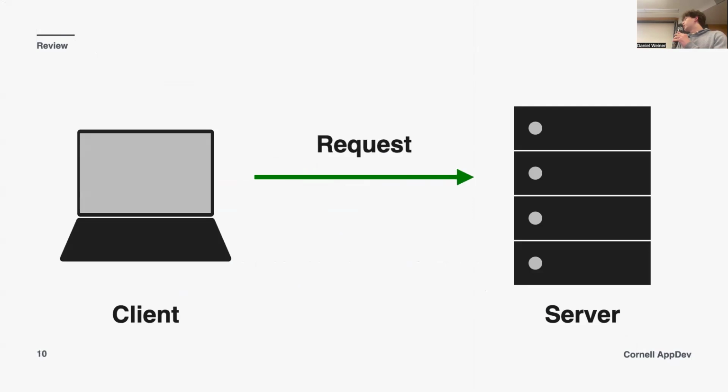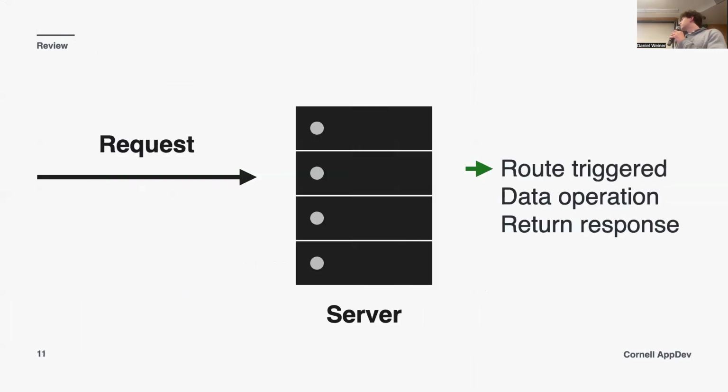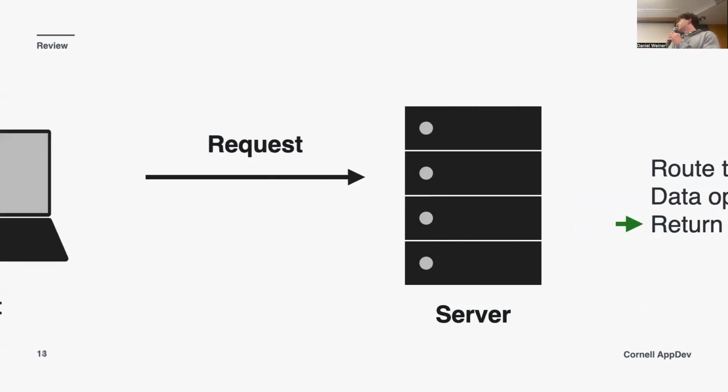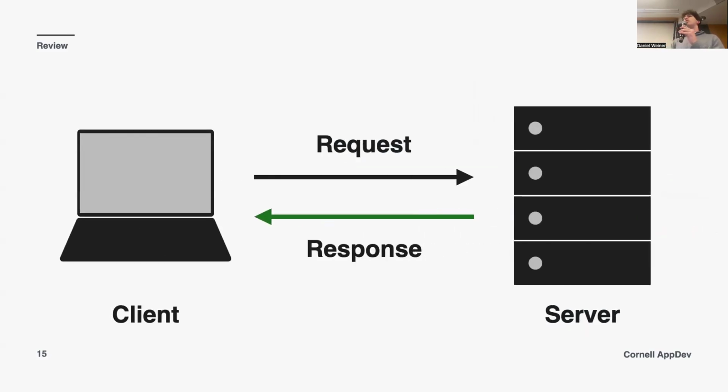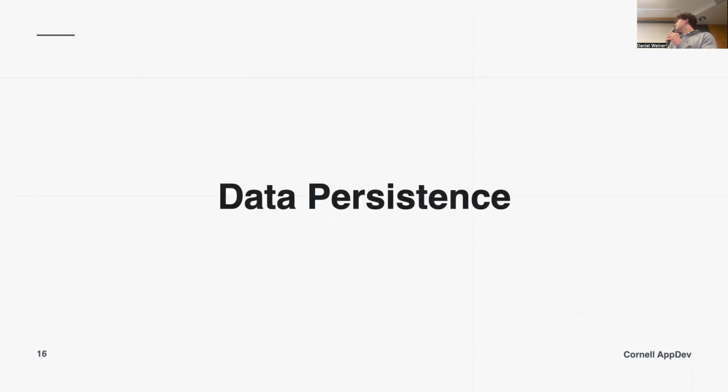So again, the client sends a request to the server, a root triggers a data operation, whichever one is specified by the method, and then you return the response back to the client, and you should hopefully get all the information and data that you need. Okay, so now moving on to actually new topics.